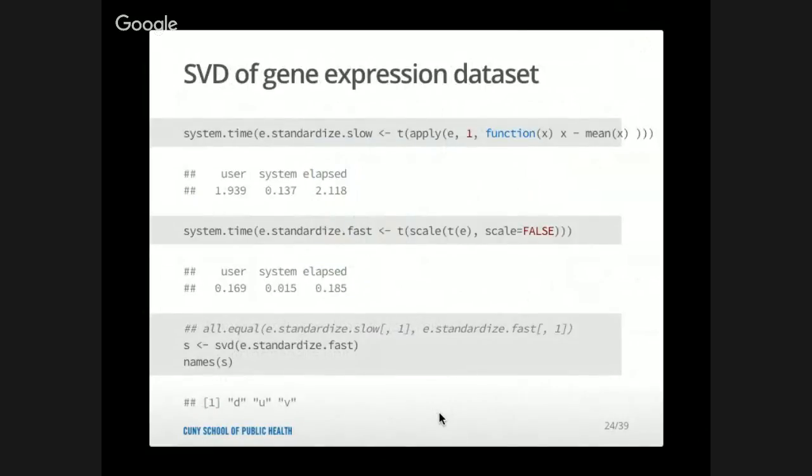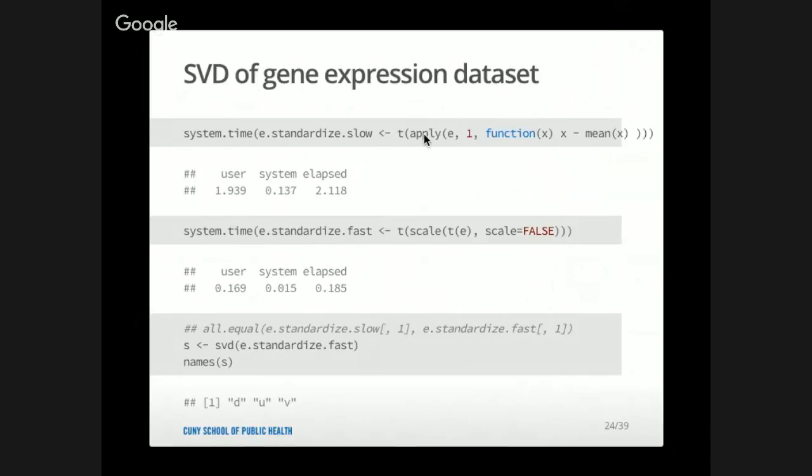I'm going to actually go ahead and calculate this singular value decomposition. And I'm first going to create a standardized data set where here I'm only going to subtract the mean from each one. And I did this for your interest in 2 different ways. The first way, a slow way, I'm using this apply function, which in R is an implicit loop.